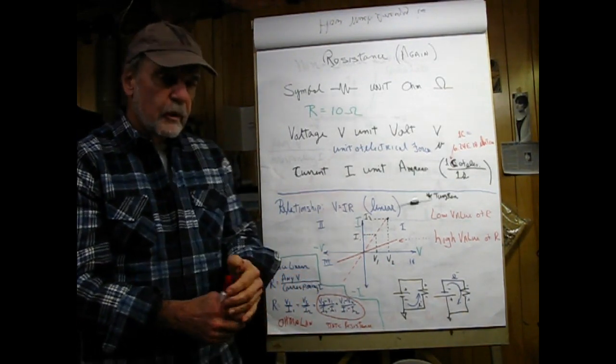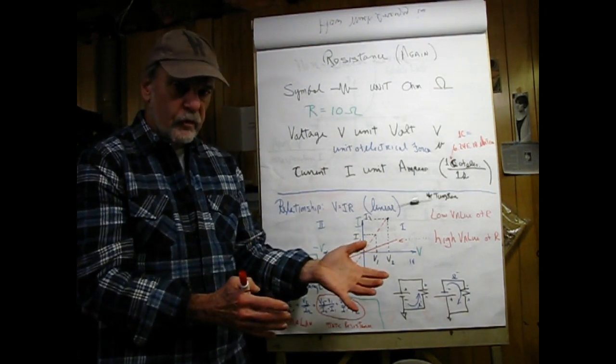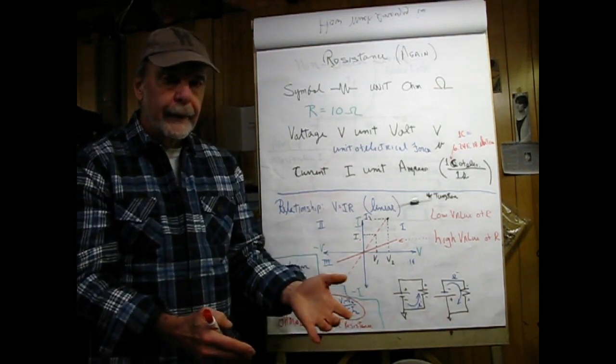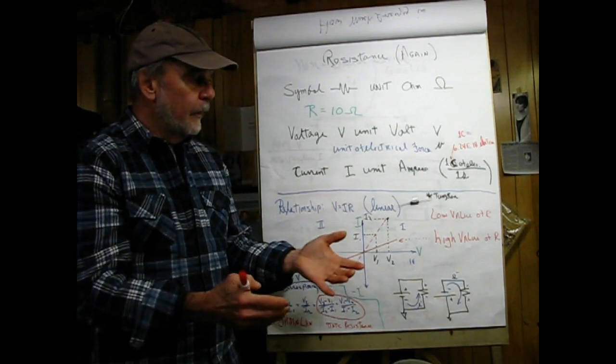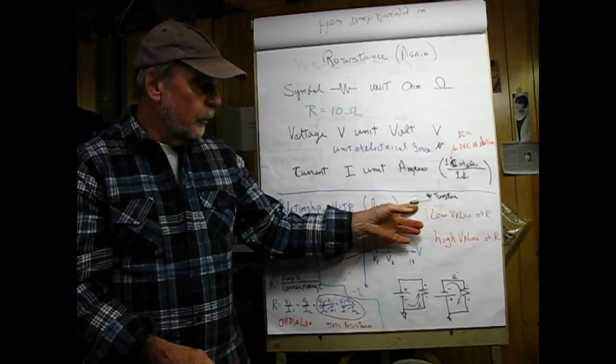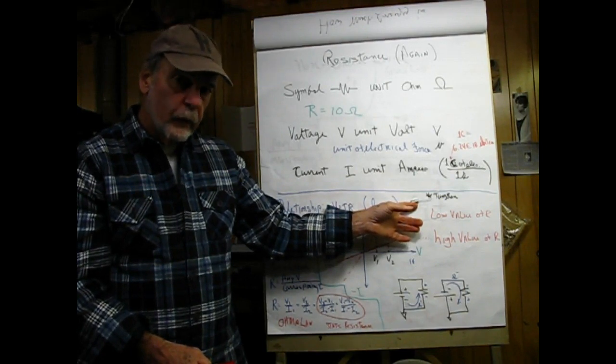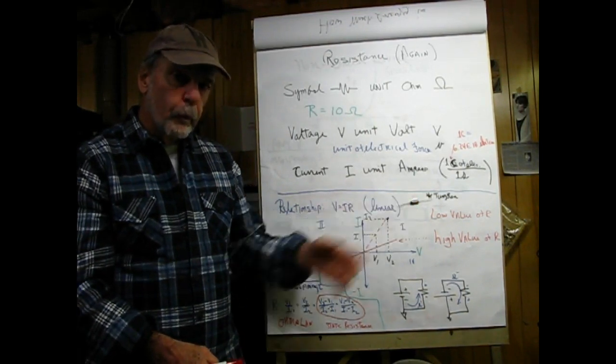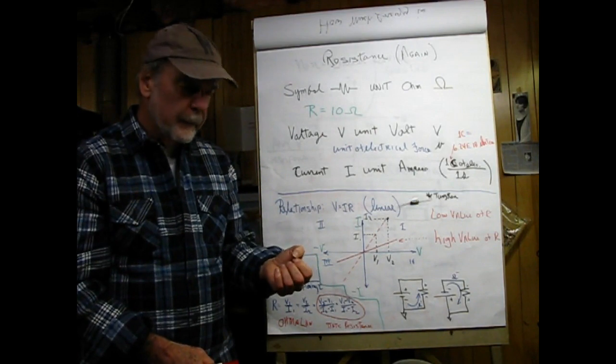So resistance can be embedded in things, is the point. It's embedded in wire, it's embedded in filaments, and it's also an explicit part. Here is a 10 ohm, 5-watt resistor, a physical part that we would want to put in a circuit to do something.